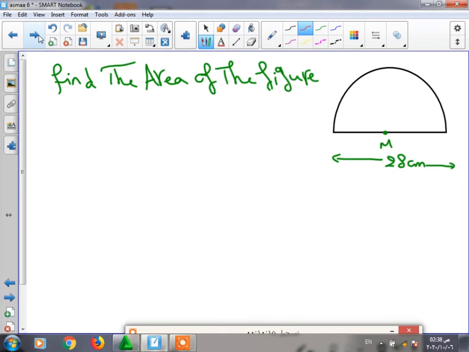What does this mean? We know the rule of the area, pi r to the power 2. But this is the rule to find the area of a whole circle, and I want to find the area of just half a circle. So we multiply here times half.